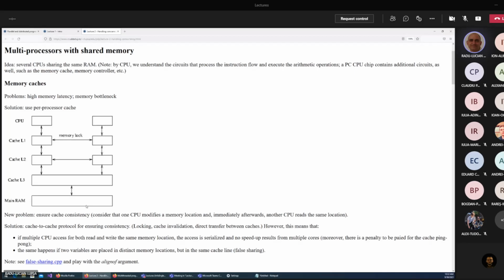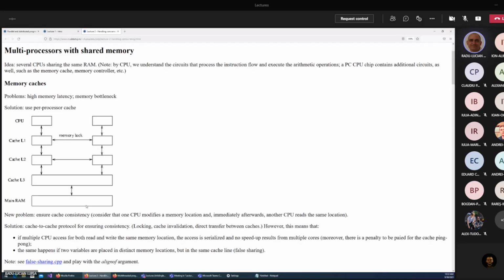So then the idea is: you cannot speed up the main memory without increasing its cost a lot, and even so, you have some limits. So what you do is put, let's ignore for the moment those two layers, a smaller memory that is faster.